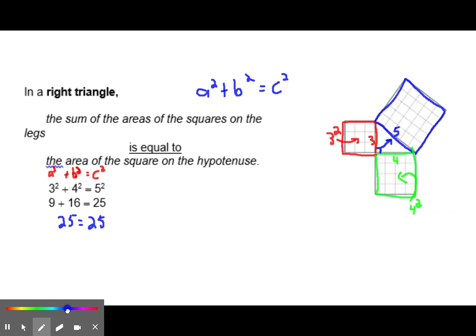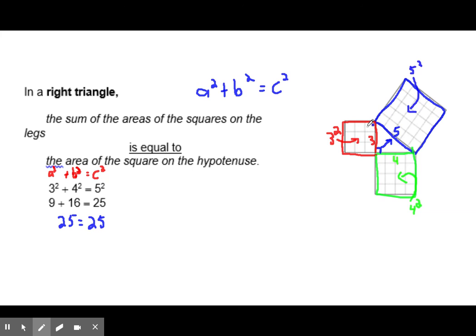So if I were to count all of those squares, I would get 25, which is the same as 5 squared. All right. Now, if I add all of these squares plus all of these squares, so those are my legs, right?